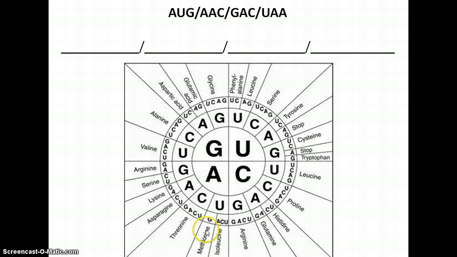And that, of course, is methionine. This is our start codon. So this would be methionine in the first blank. The next is AAC. Okay, so you would start with A, and then you would go to A. Okay. Then you would go to C, which would lead you to asparagine.